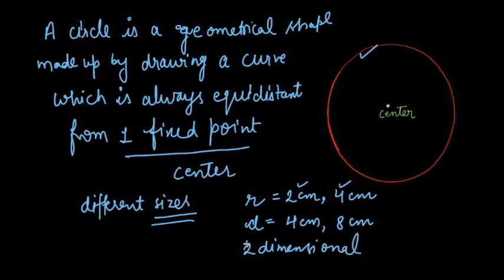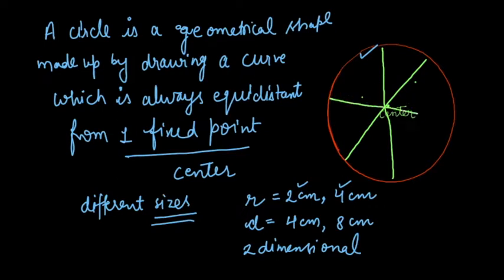The most important property of the circle is that it can have an infinite number of symmetries. If I draw a line which passes through the center, both parts are symmetrical to each other.